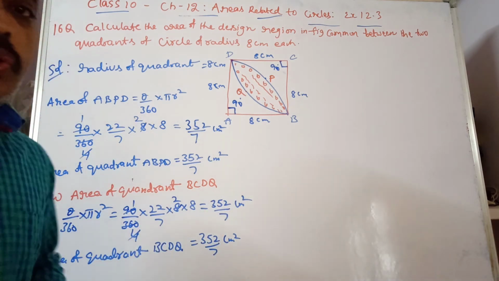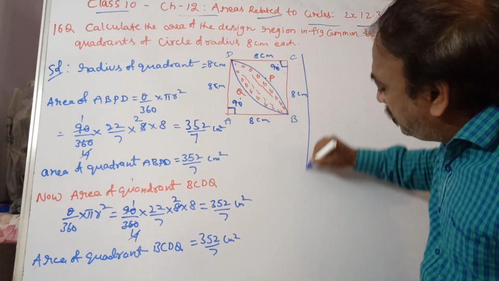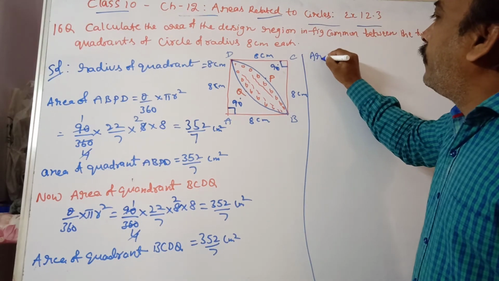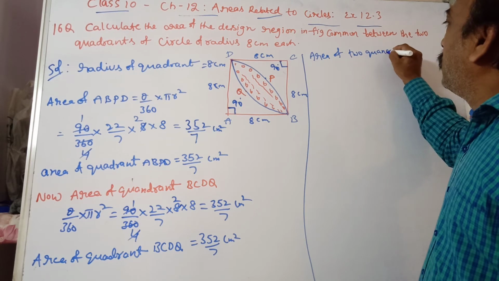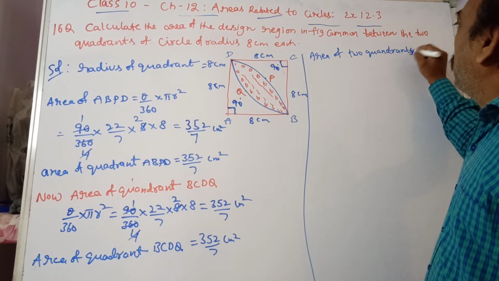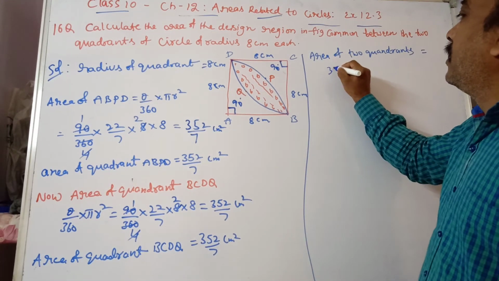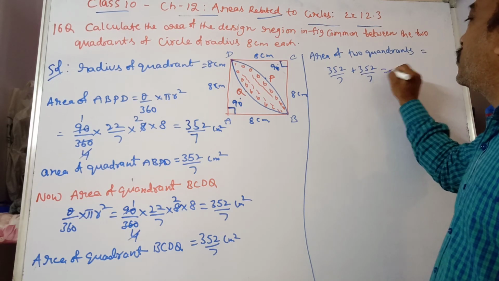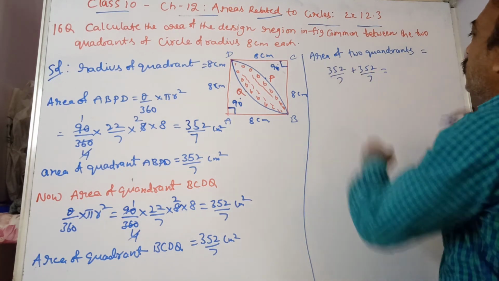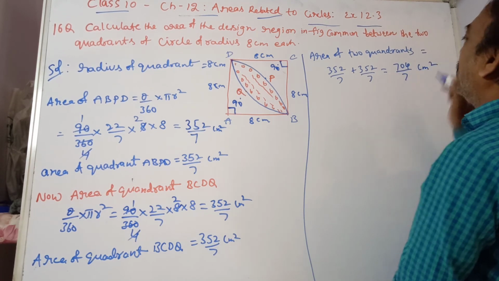Now area of two quadrants together is equals to 352 by 7 plus 352 by 7, which will give you 704 by 7 centimeter square.